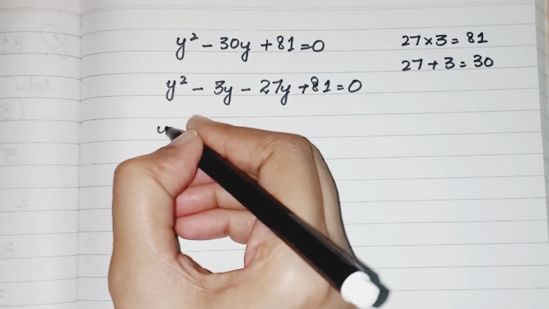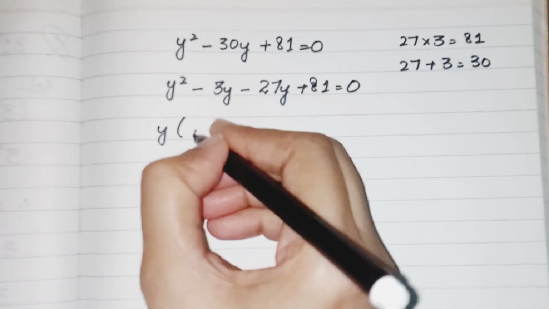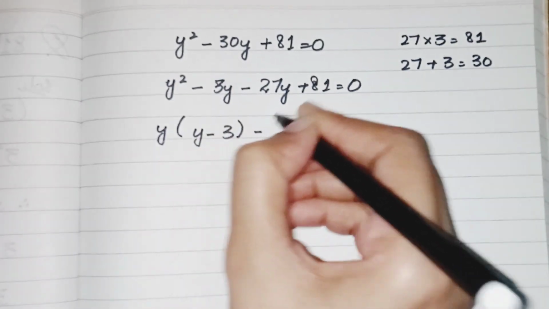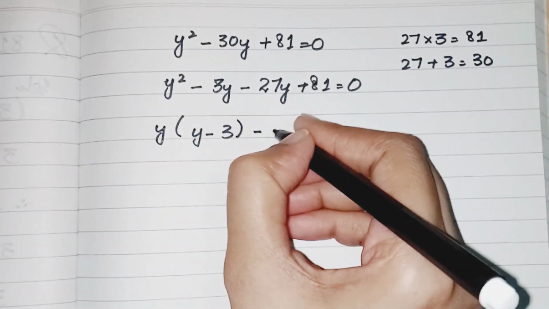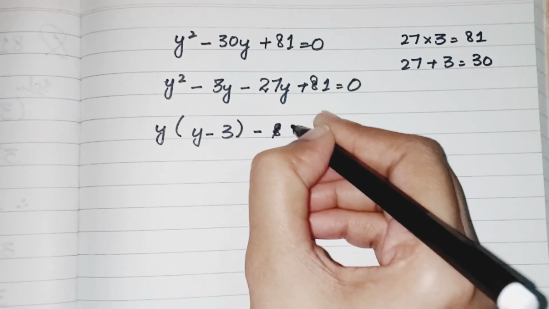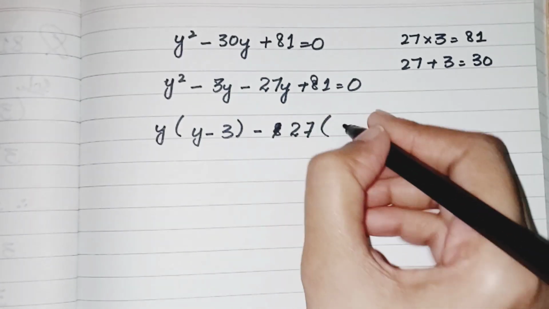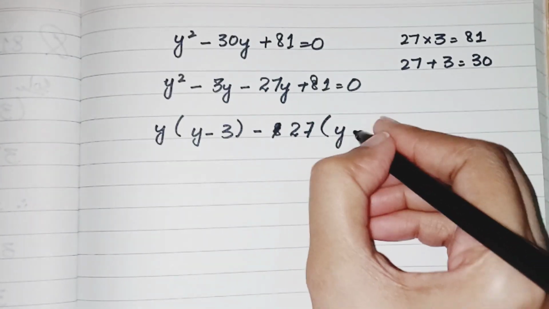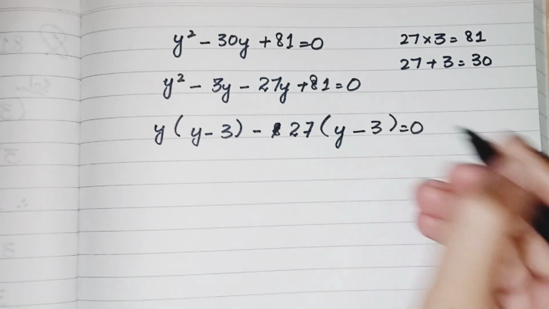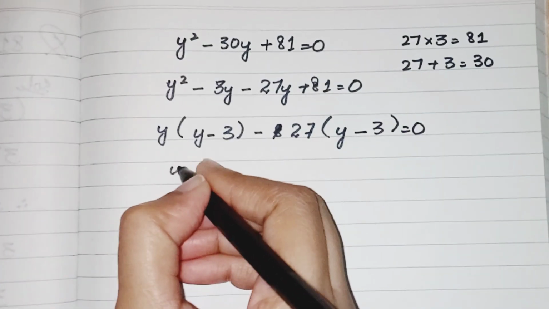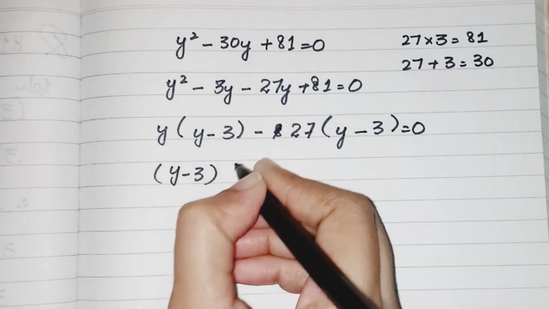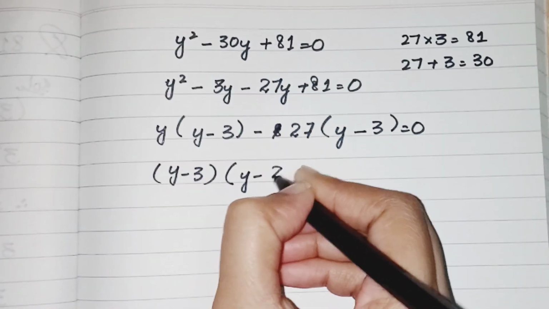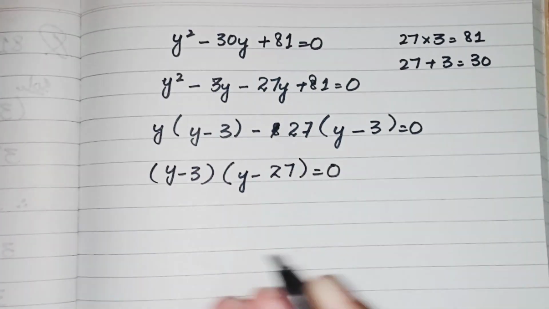From the starting two terms we have y common, giving y minus 3, and 27 and 81 both come in the table of 27, so we can take 27 as common: y minus 3 equals 0. So the common factor is y minus 3 and the other is y minus 27 equals 0.